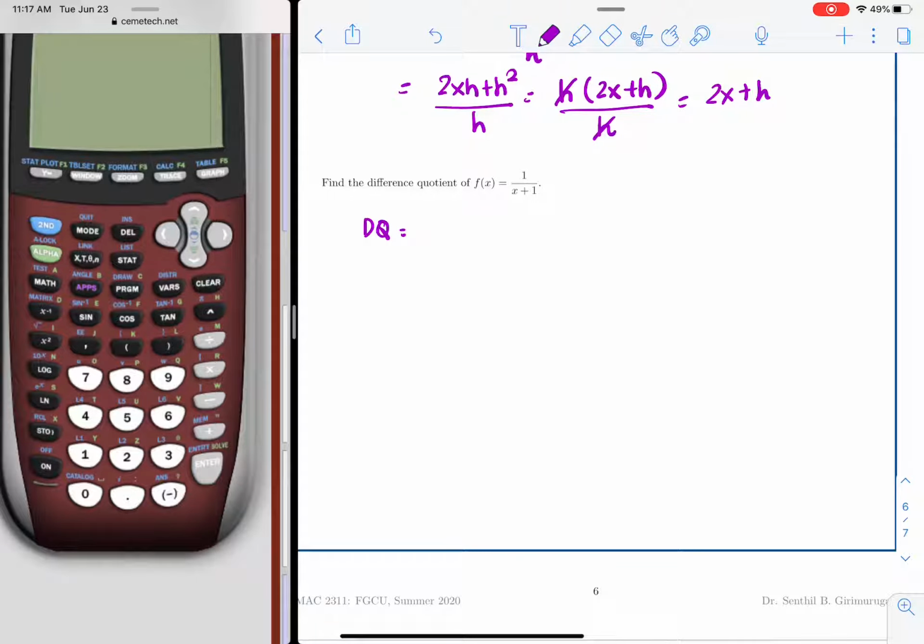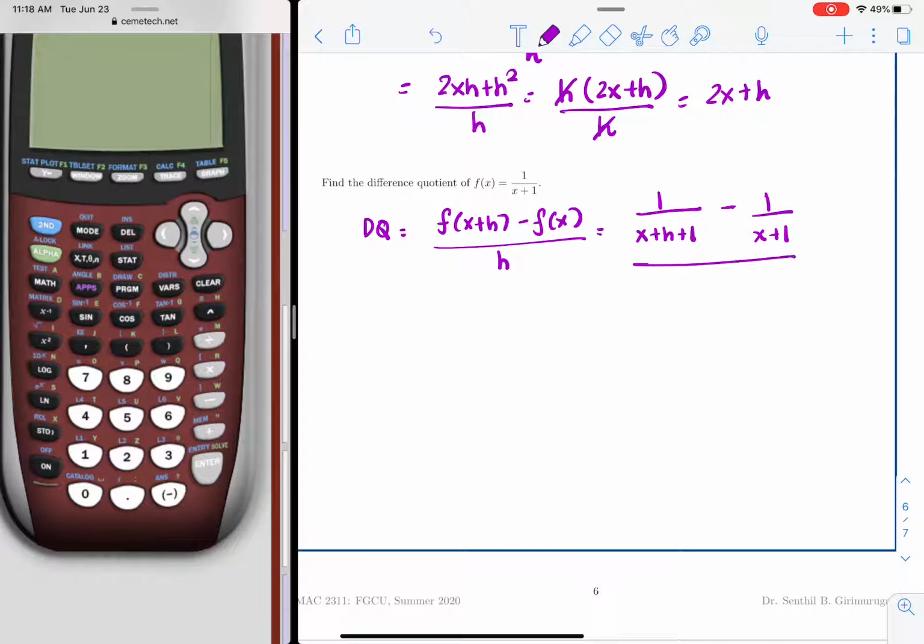The difference quotient is f of x plus h minus f of x divided by h, which is 1 over x plus h plus 1 minus 1 over x plus 1, divided by h. We need to get a common denominator to combine those two. The common denominator between x plus h plus 1 and x plus 1 is the product of the two.